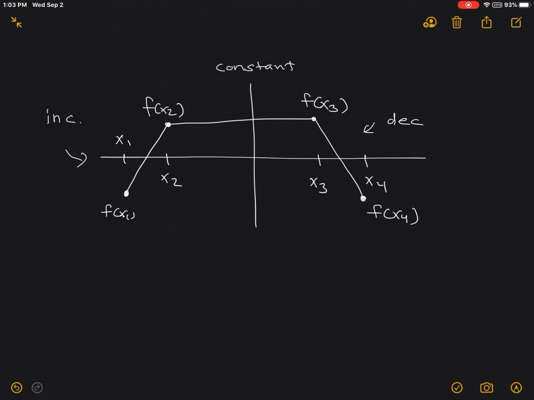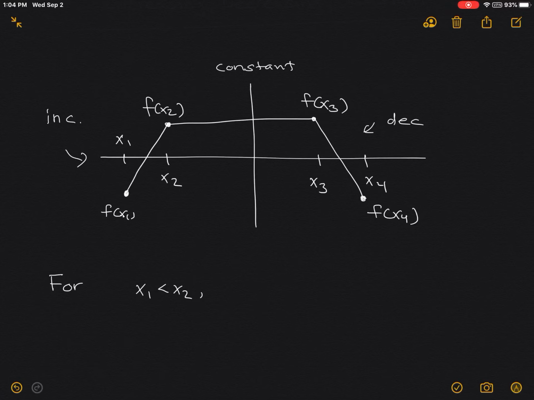Okay, so that's the big picture, but how would I describe it in words, or symbols? For x1 less than x2, just in this first interval right here, we know it's increasing.